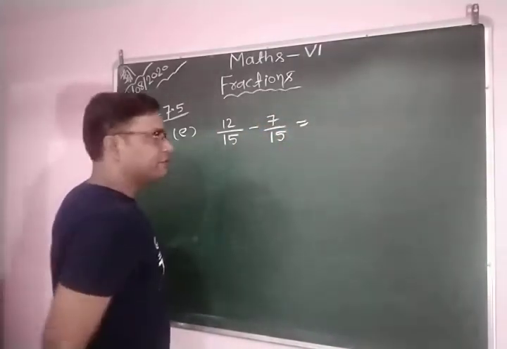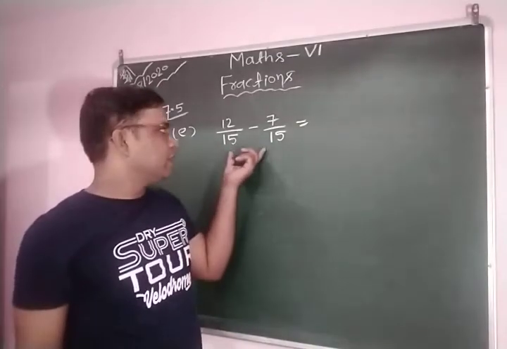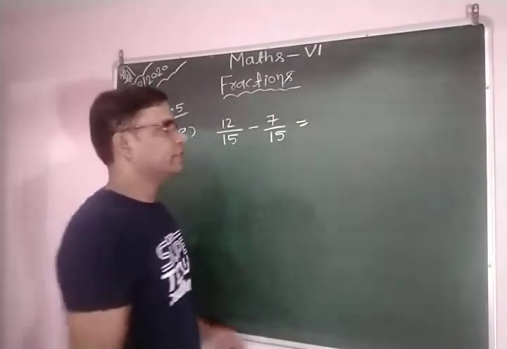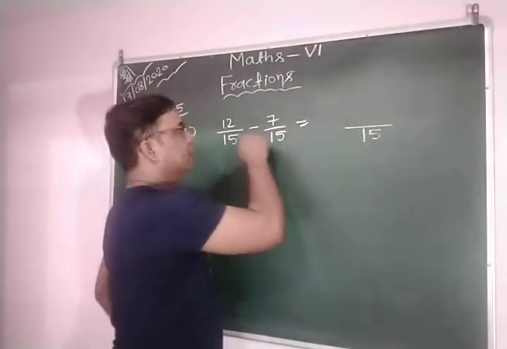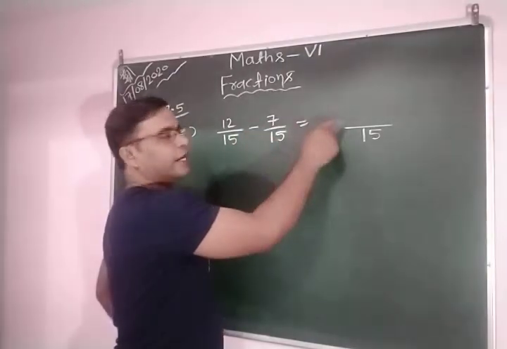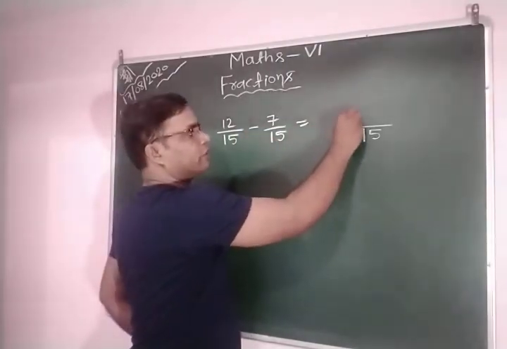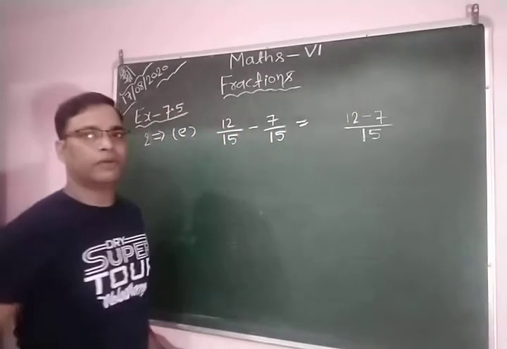Here you can see the denominators of both fractions are the same, so you can write 15. After this, the numerators are 12 and 7, so it becomes 12 minus 7. So we subtract 7 from 12.